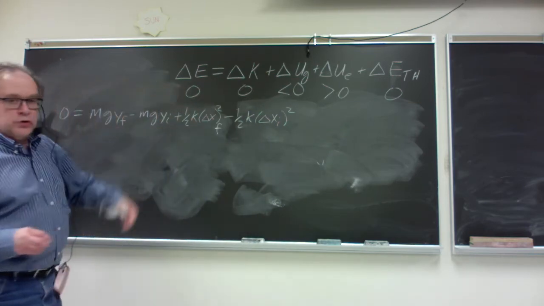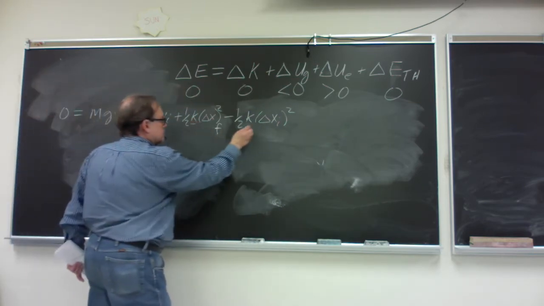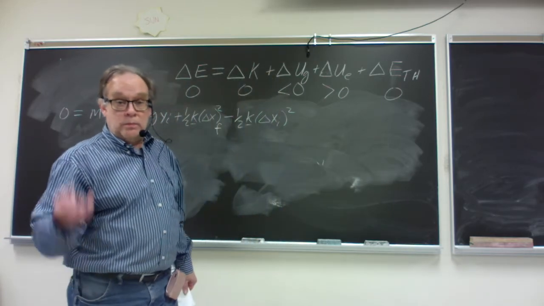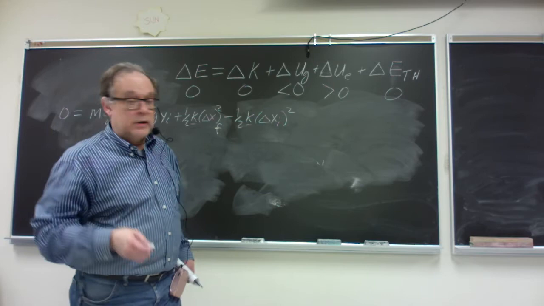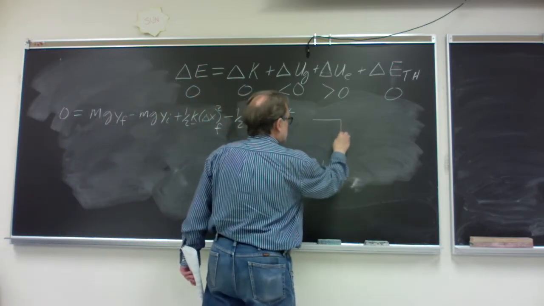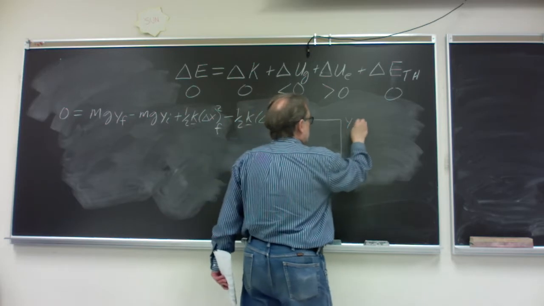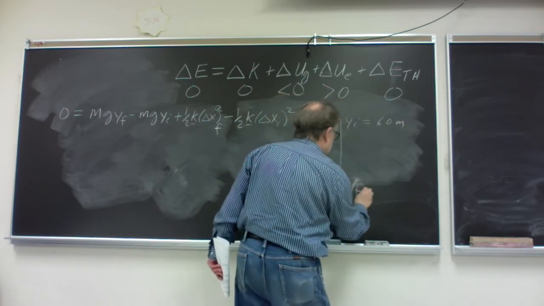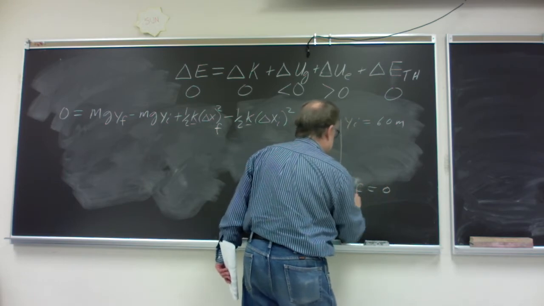Okay, so we got 4 terms in here, and that's the number that we're trying to find. We know we have enough information, we know just about everything else, that we know the initial location is 60 meters and the final location is 0 meters.